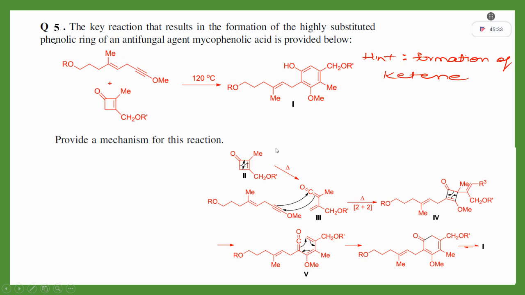Basically, students, here let me write the steps. Electrocyclic ring opening of cyclobutanone. 2 plus 2 cycloaddition.